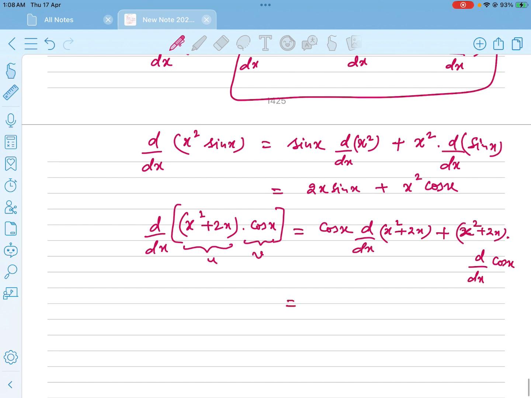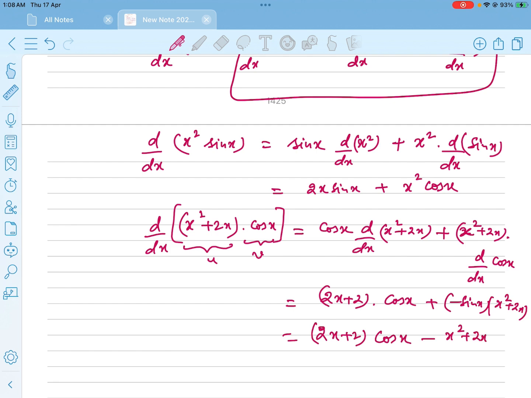So this gives me 2x plus 2 times cos x plus minus sin x into x square plus 2x. Now the final answer can be 2x plus 2 cos x minus x square plus 2x times sin x, right?